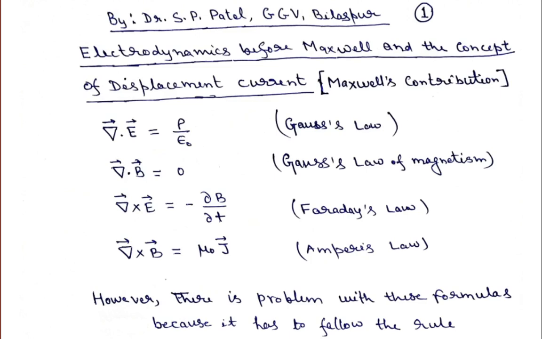In the last class I derived an expression for the energy in a magnetic field, and we obtained a formula equal to 1 upon 2 mu 0 integral over all space of B square d tau.